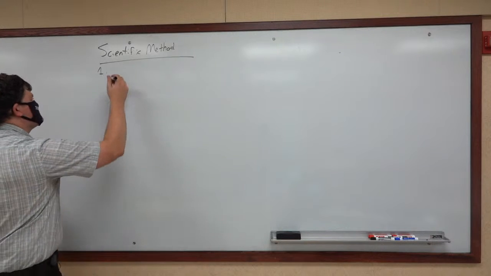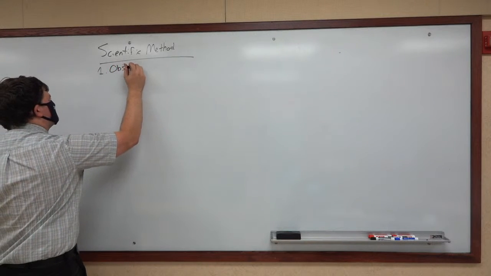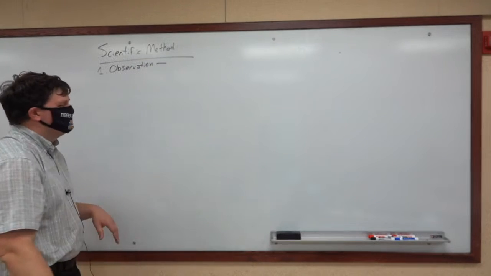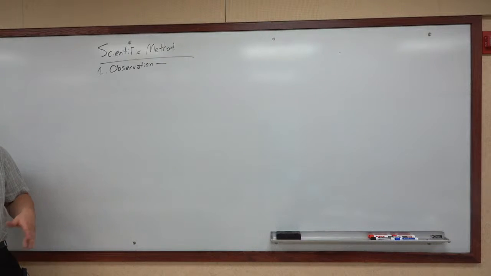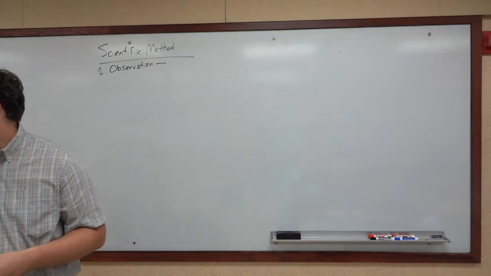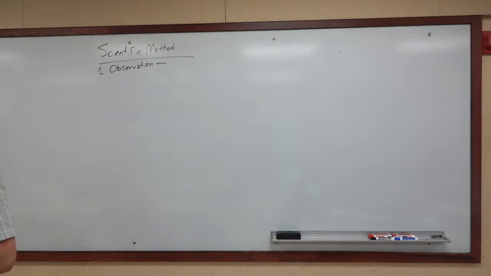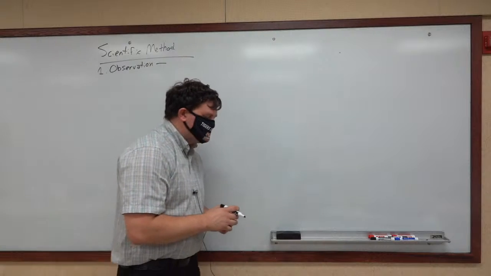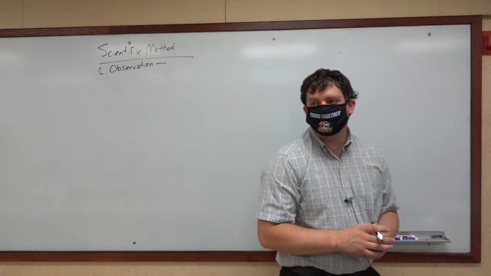Observation. What is an observation? It's where you observe something. Yes. I really couldn't tell by the word observation. Information you gather with one of your senses. That is a really good description. I'm going to go one better for you.